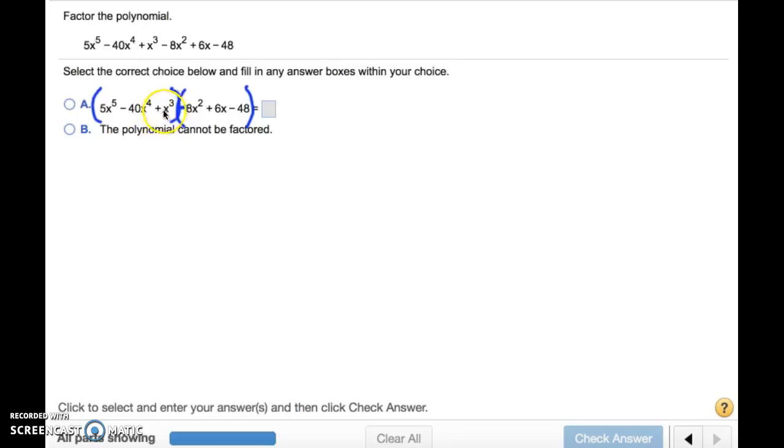Looks like the only thing these would have in common would be x to the 3rd. And then I would get 5x squared minus 40x plus 1. And then over here, the greatest common factor is going to be 2.